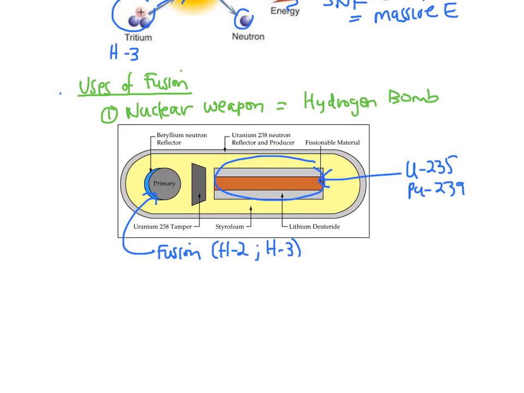And so what happens is that to start a fusion reaction, you need a massive amount of energy. So this fission bomb or reaction starts first, and that provides the energy to fuse these two things into our helium, right? And then that releases, of course, even more energy.